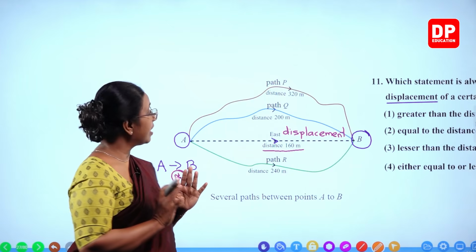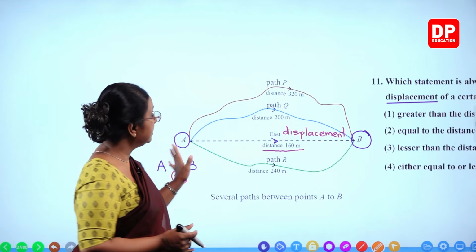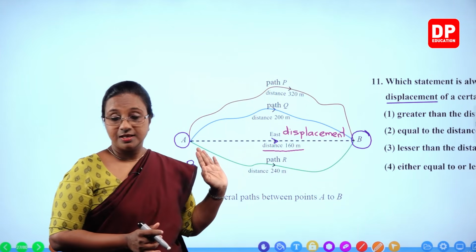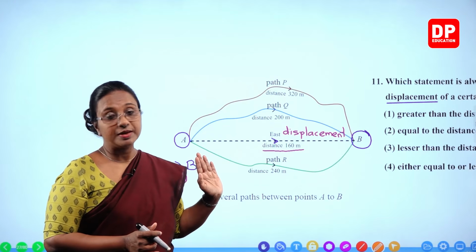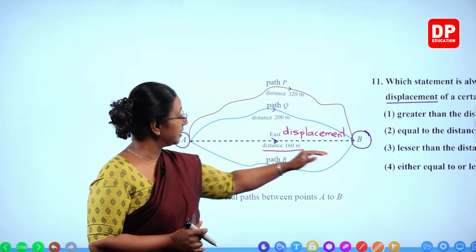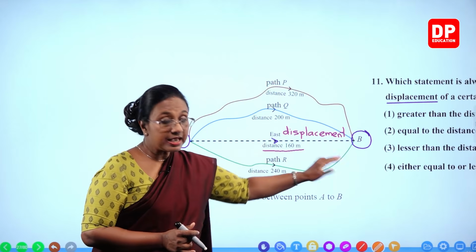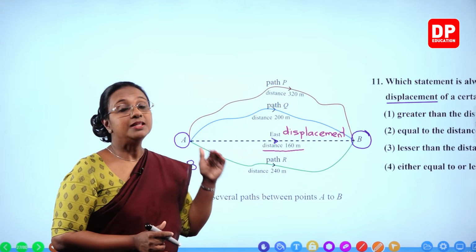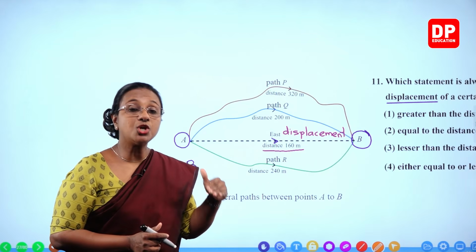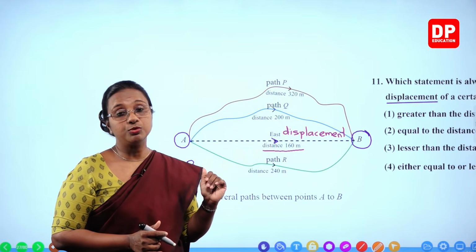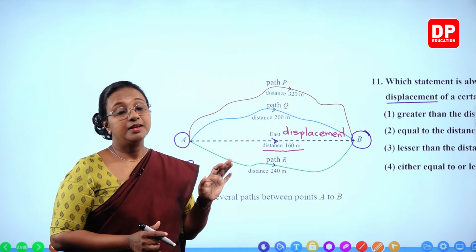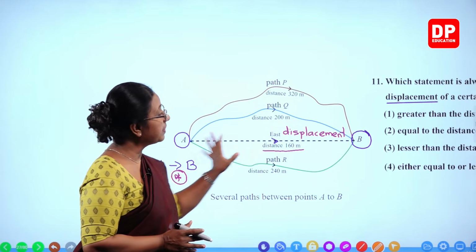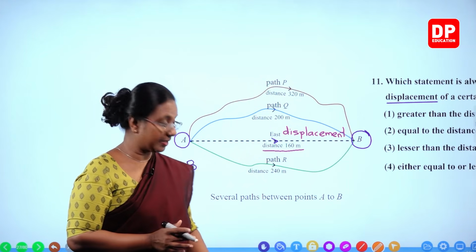So, as long as you understand the concept: distance is the length of the path traversed by the object or person, and displacement is the change in position of an object or a person, but the magnitude is equal to the shortest distance between the 2 points. Is that clear? So, based on that only you need to answer the question.